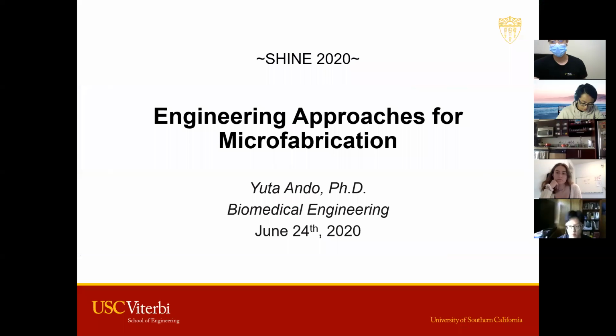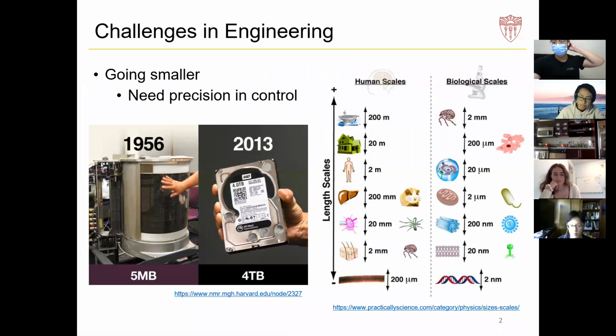All right. So engineering approaches for microfabrication, as the name implies, it's techniques that allow us to fabricate materials on a tinier scale, in the micro scale. So we're essentially going smaller and smaller, right? If we look back into history, a lot of the electronic devices that we've been using, like computers, used to be humongous.